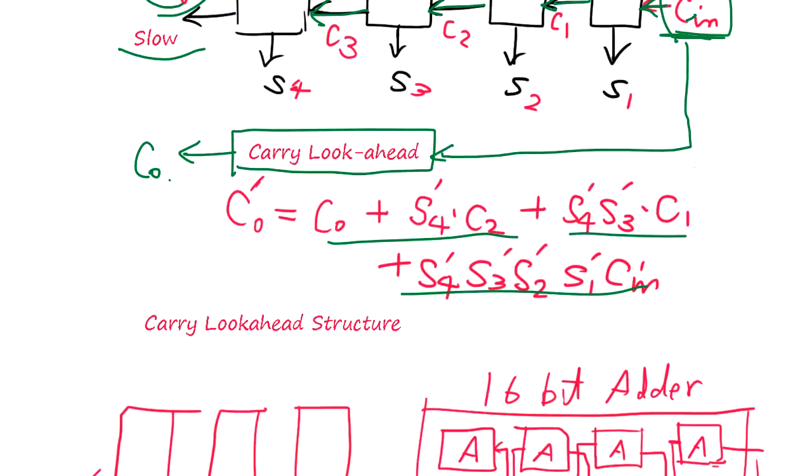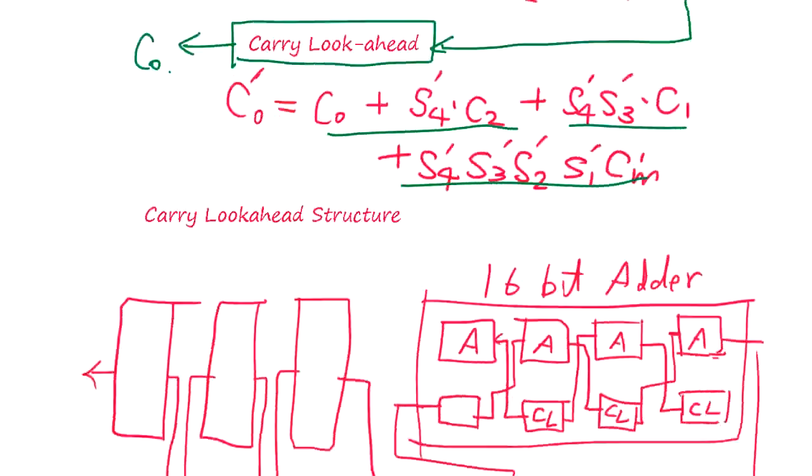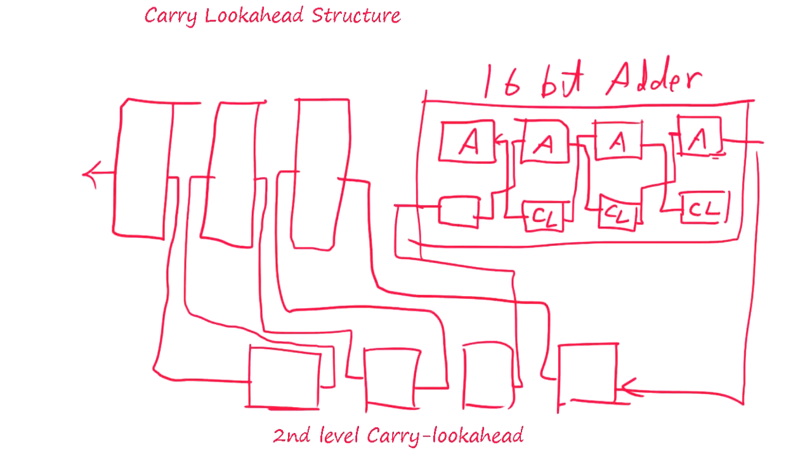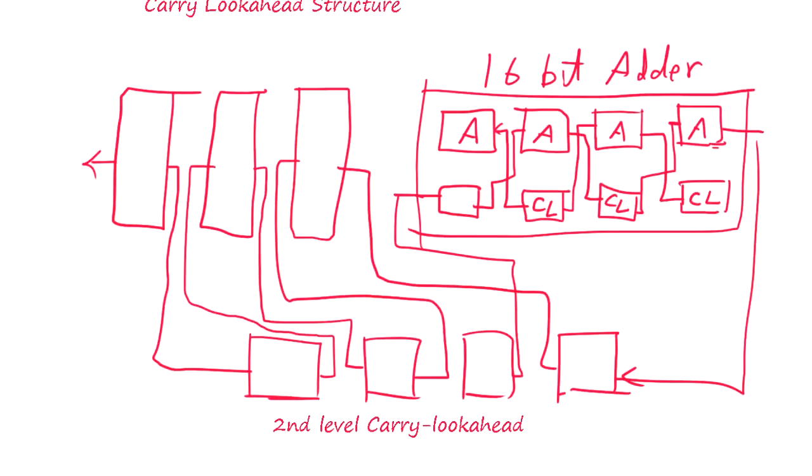Now if you have a 16-bit adder, then you have a carry-lookahead for each 4-bit group, right? And what we do is we use this result to make another carry-lookahead for 16, that is 4 times 4.